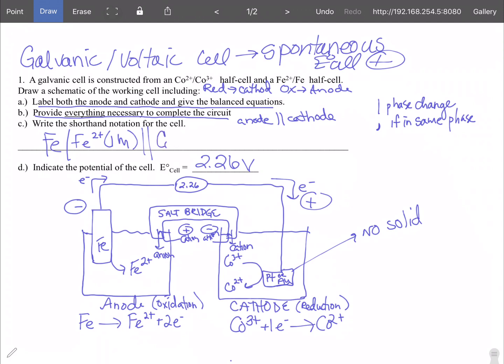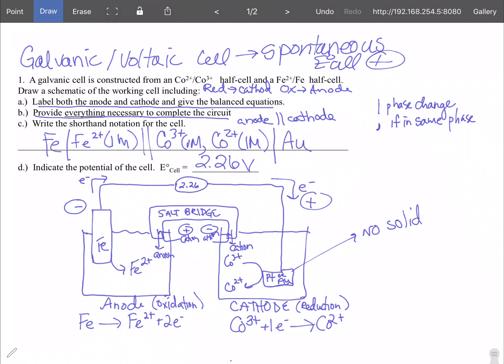Then it's the cobalt 3 plus, 1 molar, comma, cobalt 2 plus 1 molar. And basically I'm following the equation. And again, they're in the same state. So then we're going to put in our line and use our gold, platinum, whichever one we used.